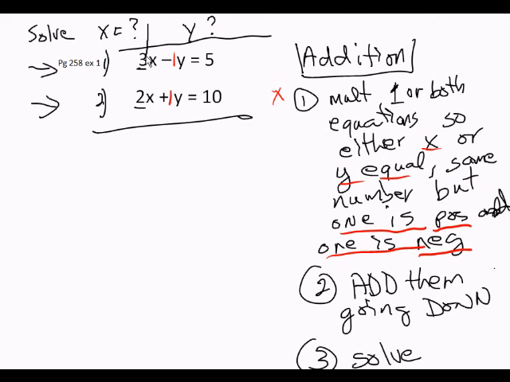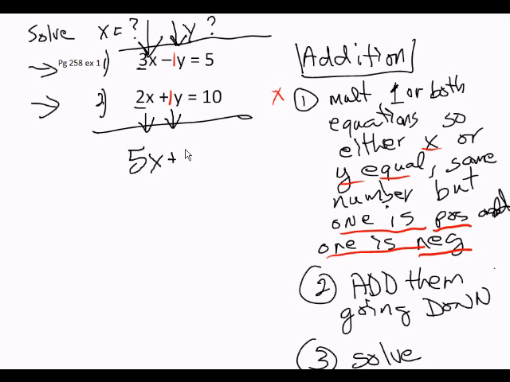Now watch step 2. Step 2 says add them going down. I'm just going to put a line here, and I'm going to add them. What's 2x plus 3x? I'm going to add them going down. I get 5x.